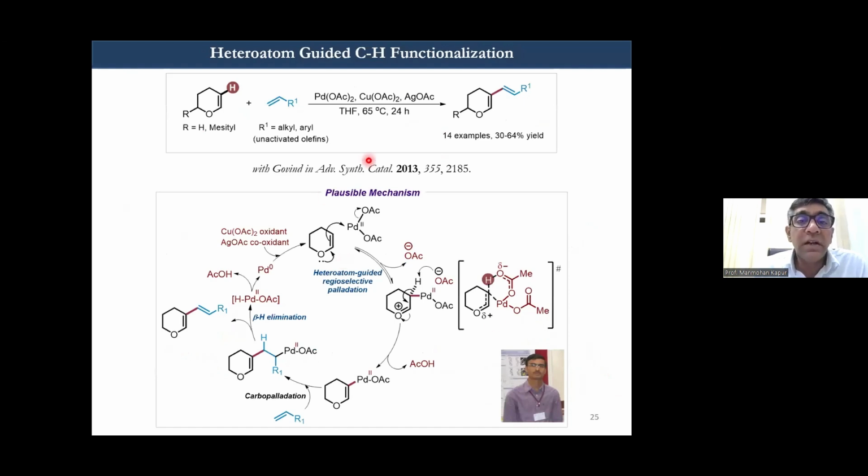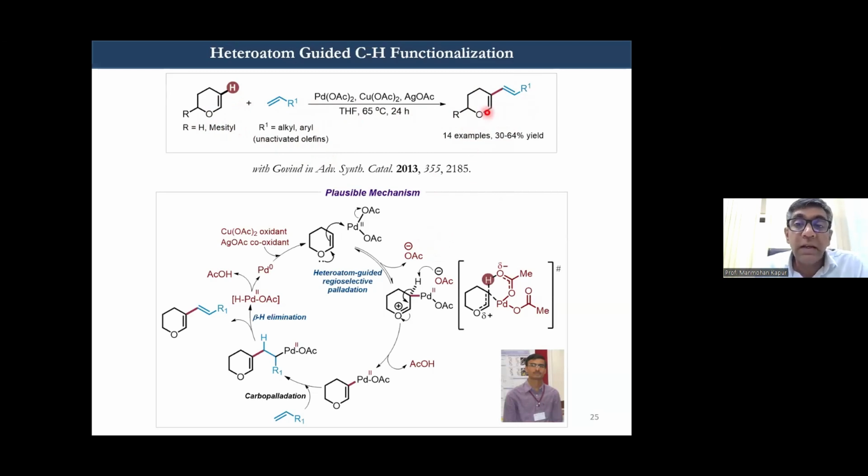One of the early works that we carried out in our lab was the cross-dehydrogenative coupling or dehydrogenative Heck reaction of unactivated olefins using dihydropyrans. You can see here both of these are electron-rich partners, and upon coupling, we were able to get exclusively these particular functionalized products without a C2 functionalization.